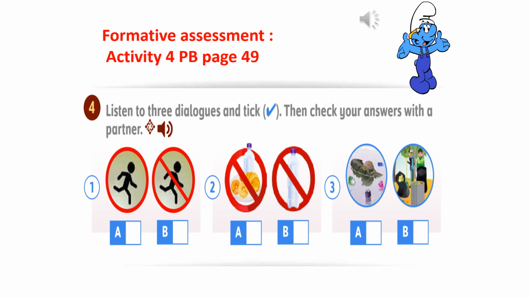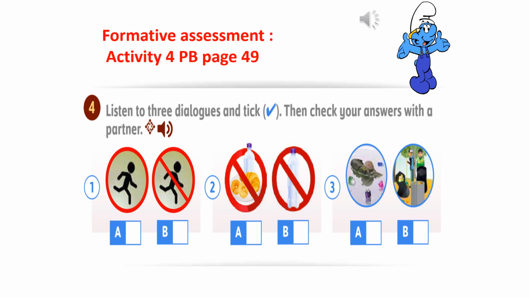Water? No, you can't. You mustn't drink water in the library. Okay, thank you. 3. Oh no! Look at the park. It's very dirty. Yes, it is. We mustn't throw rubbish in the park. That's right. We must throw rubbish in the rubbish bin.